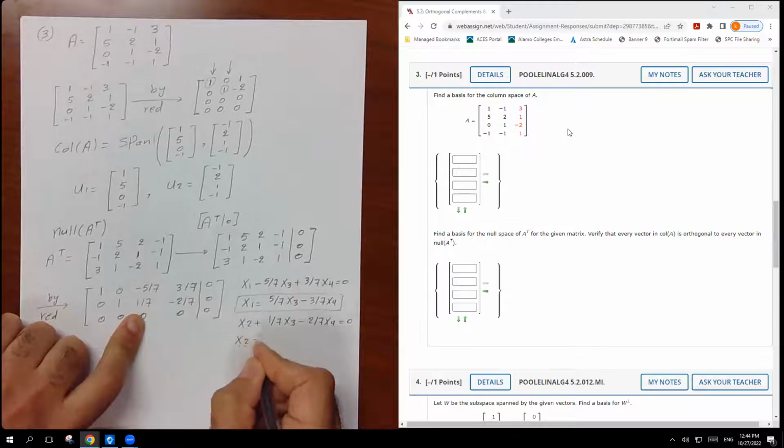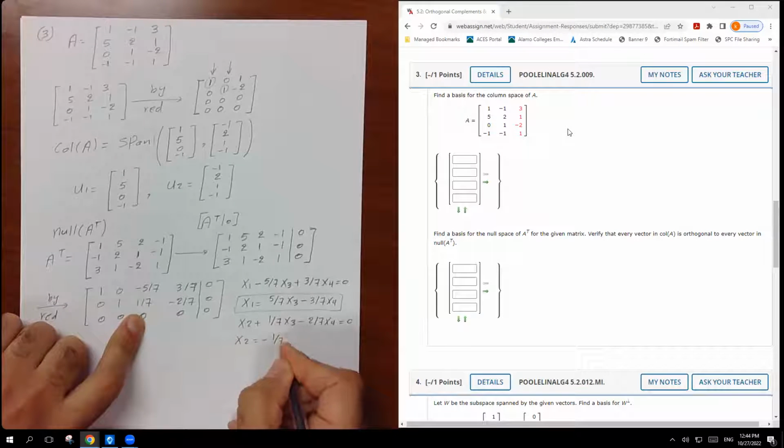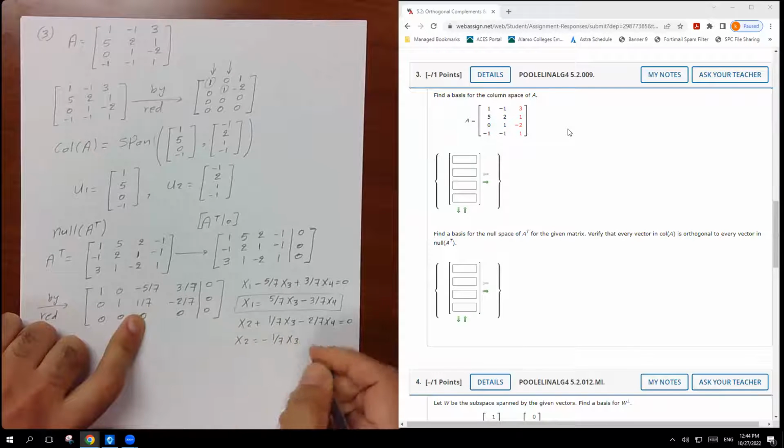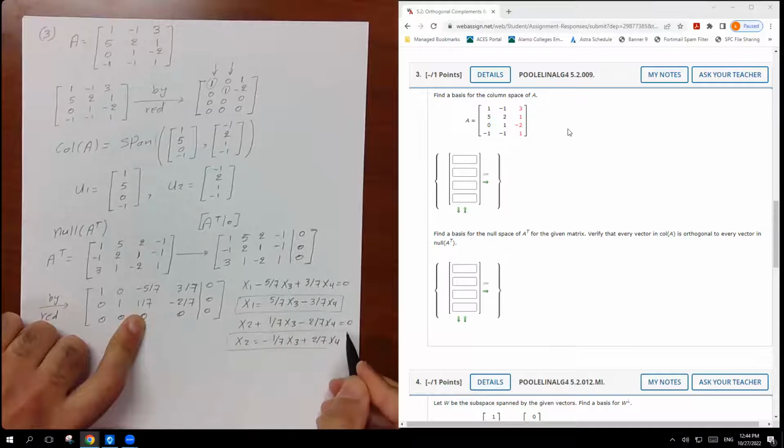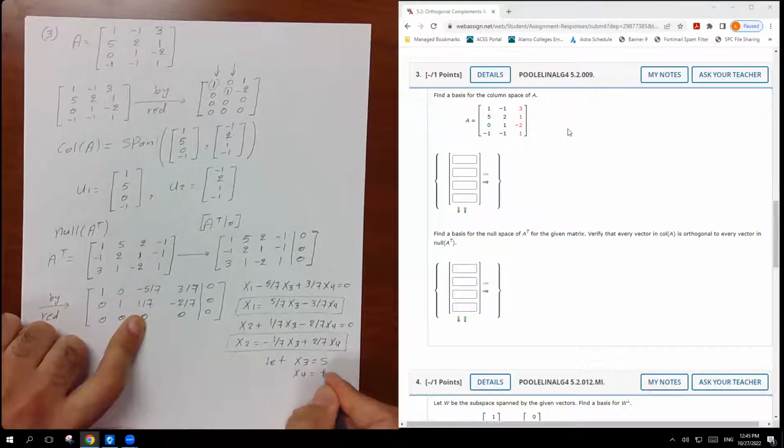So x2 is going to be negative 1 over 7 x3 plus 2 over 7 x4. We're going to get x3 equal s and x4 equal t.